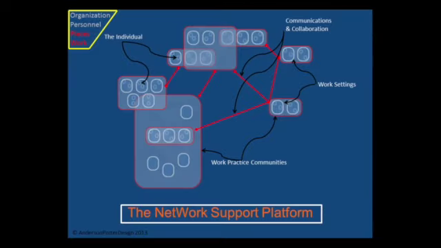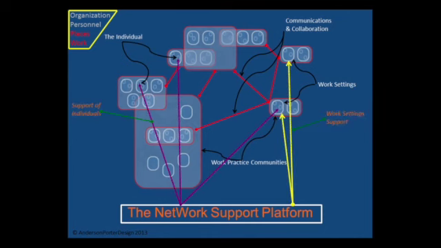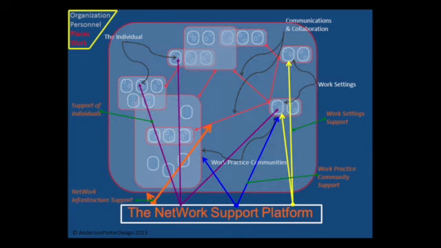So the network support platform that supports this far-flung workplace community is, first of all, supporting the individual. Secondly, making sure that each setting works and the local resources are supplemented, complemented with organizational resources that reinforce the work practice communities and that creates the larger infrastructure within which this communication can take place.